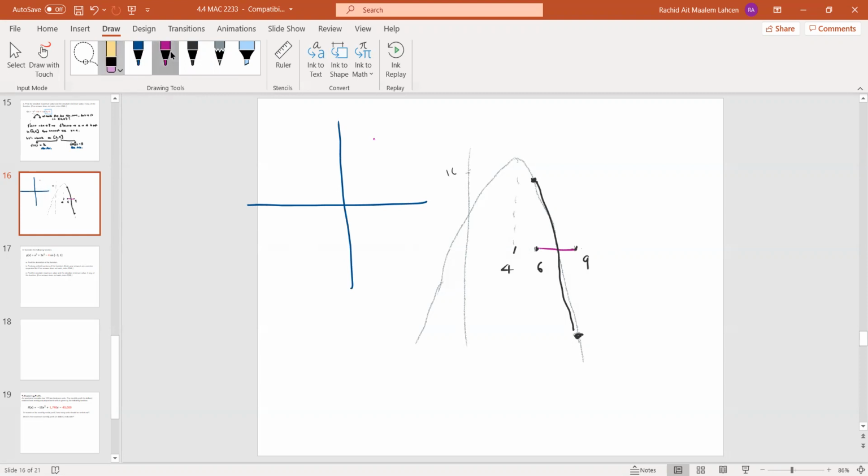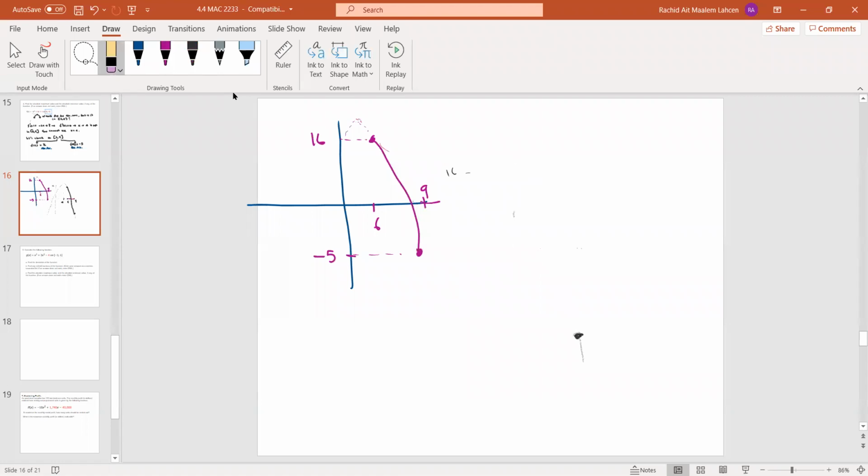It should not bend down. It should be something like this. And this is the 6, 16, and this is a 9 somewhere. This is -5, right? And of course, the maximum comes somewhere here, the other max. But we're talking about these intervals, so that's why I want to do this to explain that you see now the transition, and you can graph this function and investigate it.